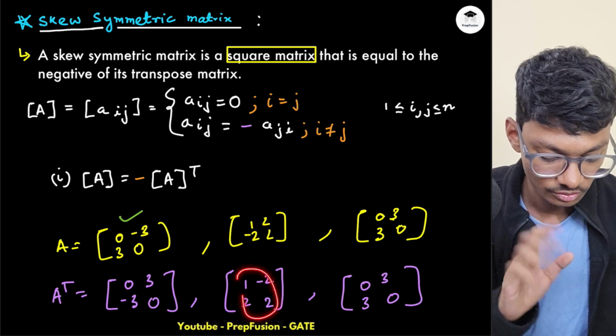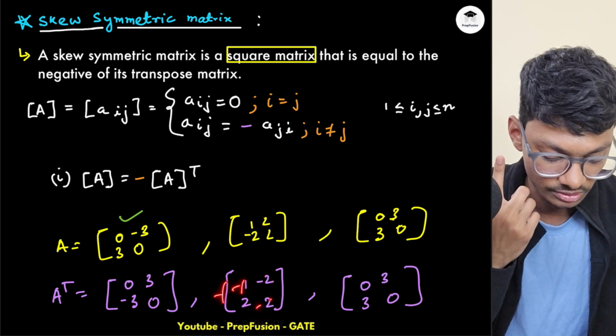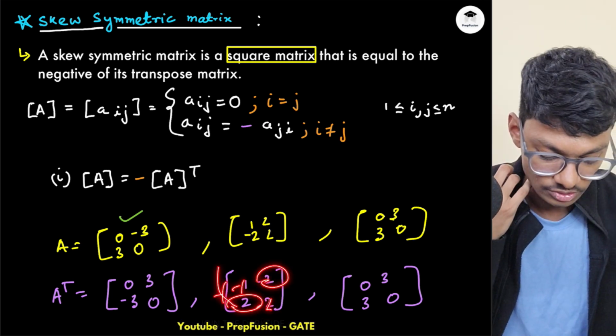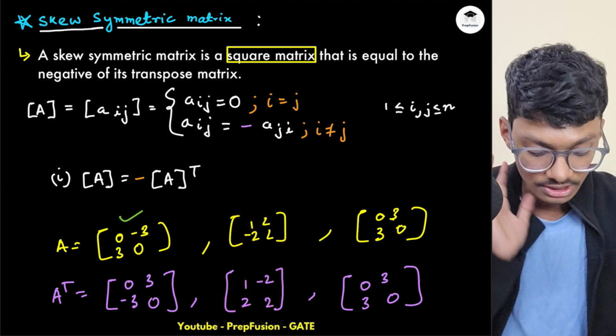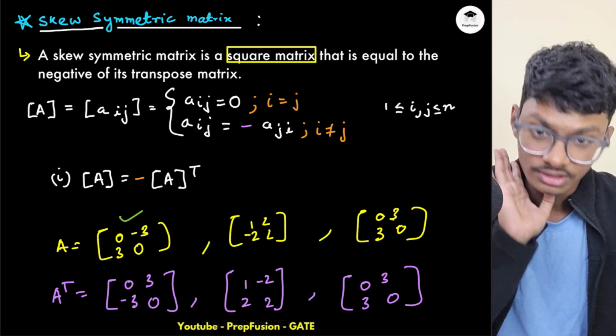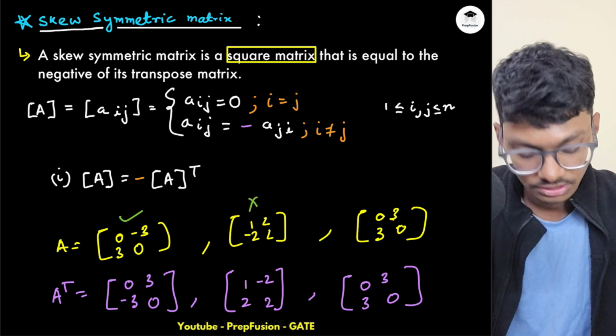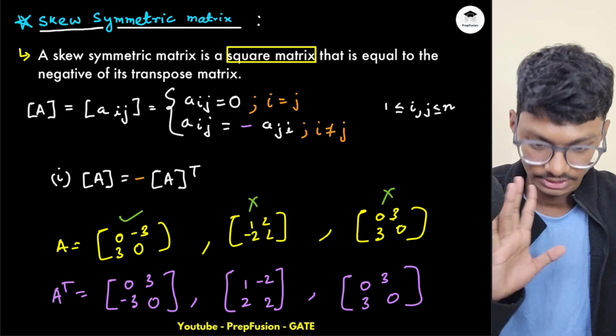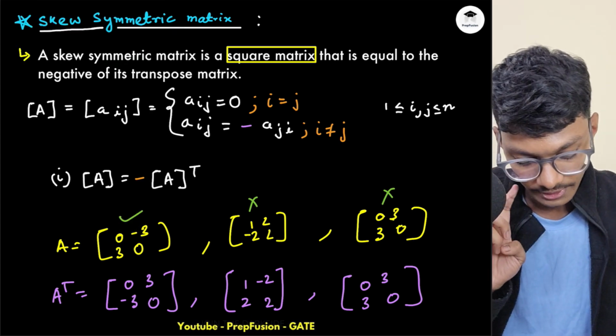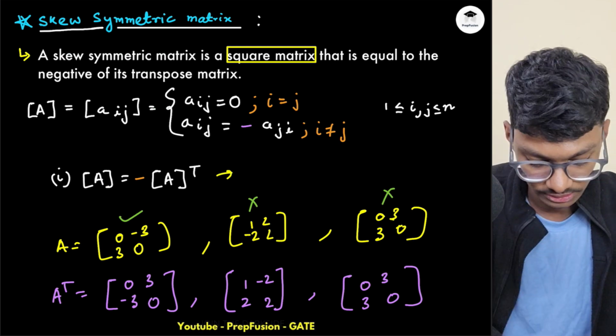If it is not equal to zero, then if I multiply by minus 1, this will be minus 1, this will be minus 2, this will be 2, this will be minus 2. These elements are equal, but these diagonal elements are not equal anymore. Hence, they can't be a non-zero value, they have to be zero. Hence, this is not a skew symmetric matrix. This is also not a skew symmetric matrix. This is a symmetric matrix. Now let's further extend this.